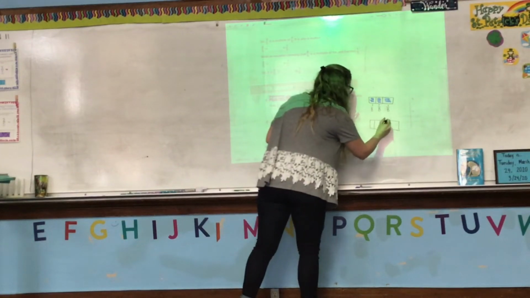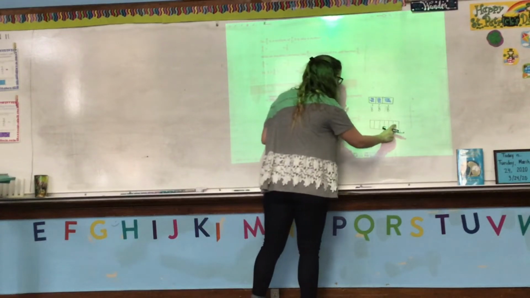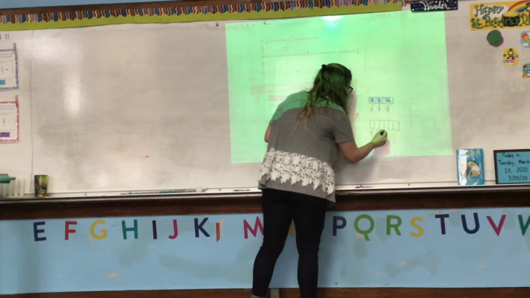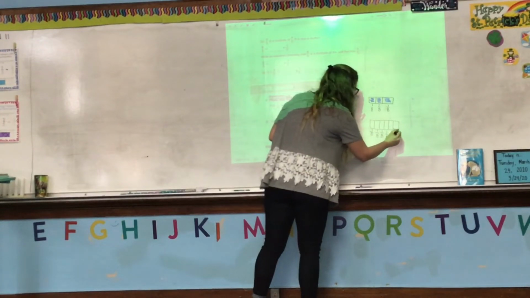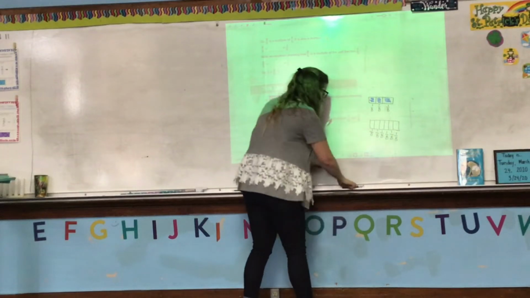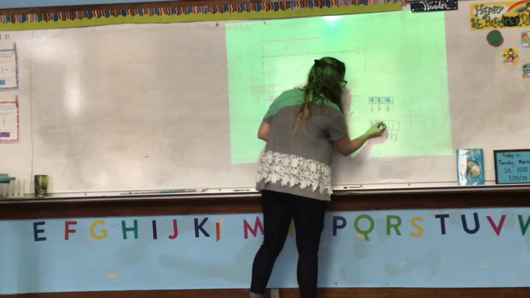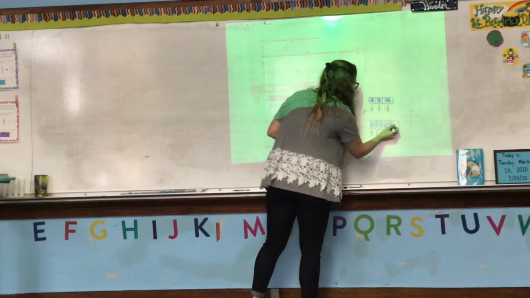So we'll go ahead and model 6/8. 1, 2, 3, 4, 5, 6. We're going to label them 1/8, 1/8, and then color them. 1, 2, 3, 4, 5, 6.